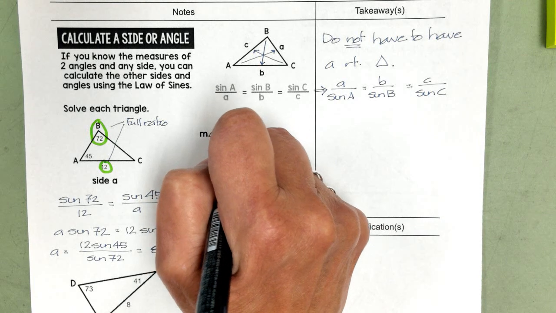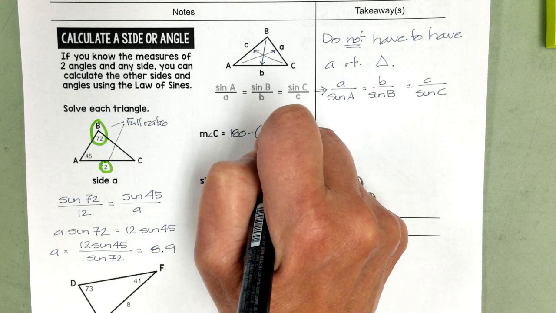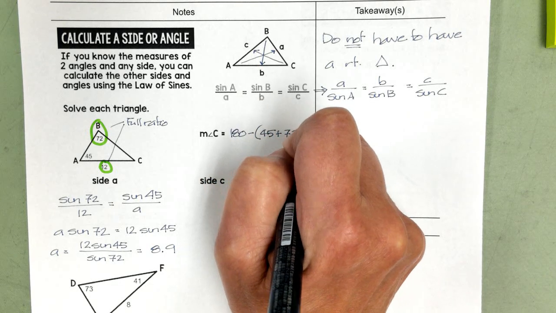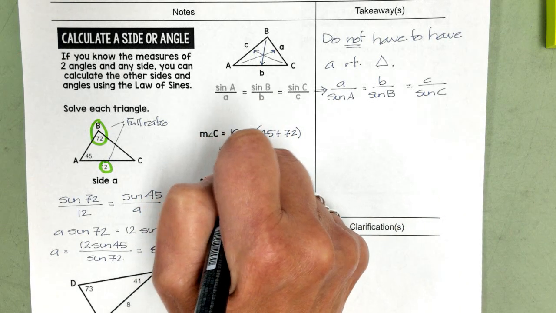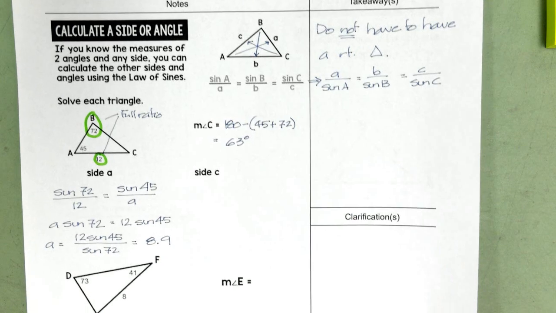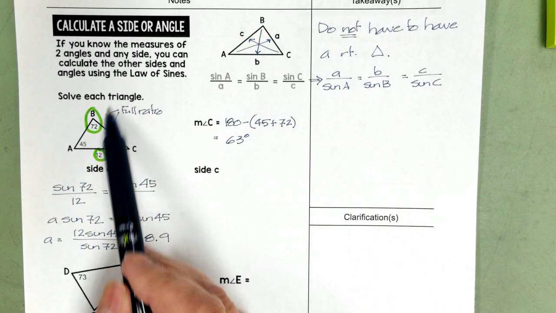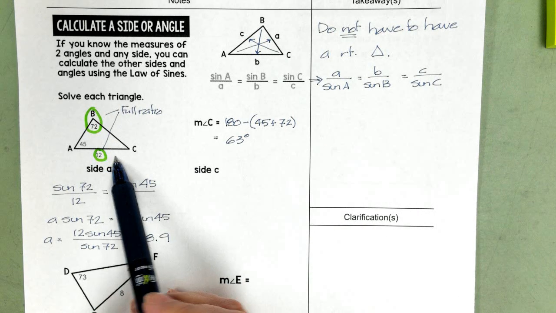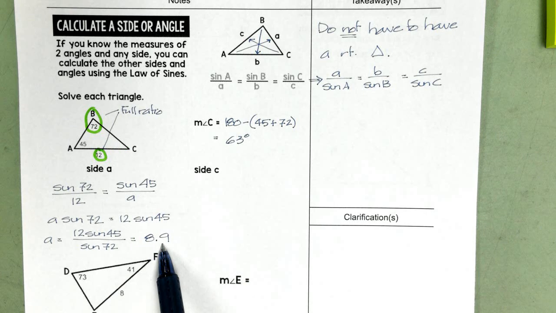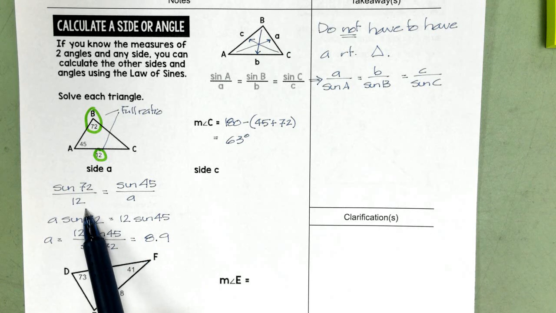So we're going to take 180 and subtract 45 plus 72, and that gives us 63 degrees for angle C. Now, when you are doing law of sines, always use the full ratio for a couple of reasons. Notice this is 8.9, which means I've rounded it. You don't want to reintroduce some rounding, and I may have made a mistake. So always go back to the full ratio.